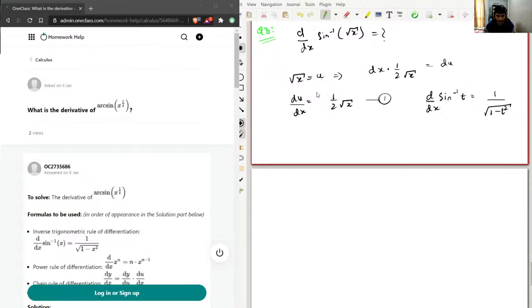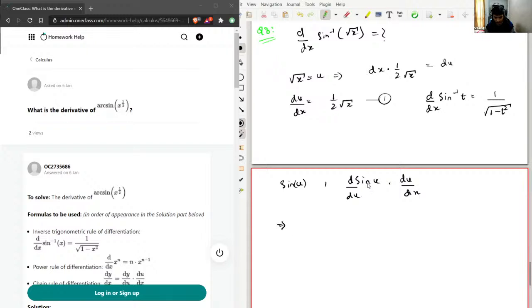Now first I'll substitute the value of u, so this will become sine inverse u, and we have to find the differentiation with respect to x. So what we'll do is the differentiation of sine inverse u with respect to u multiplied by du over dx. So du can get cancelled, and we'll end up with the differentiation with respect to x only.